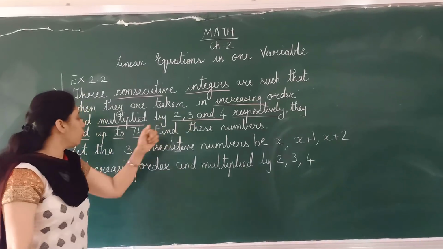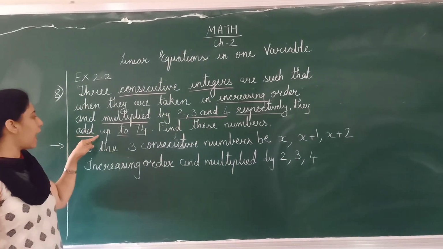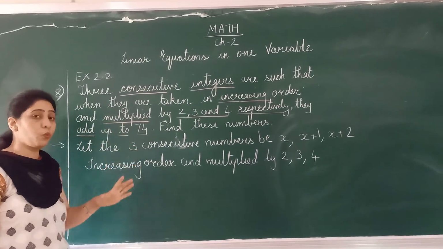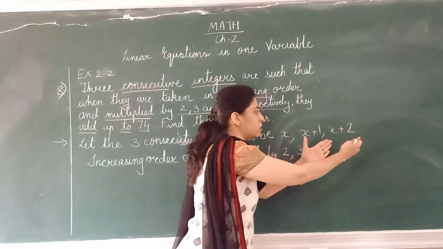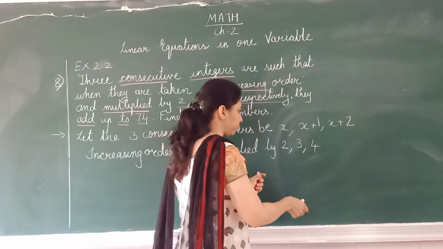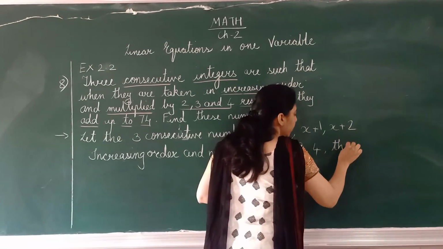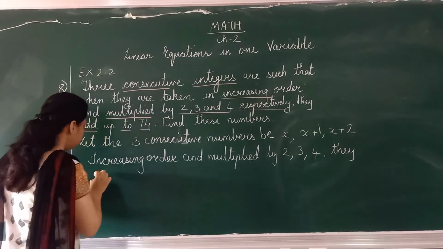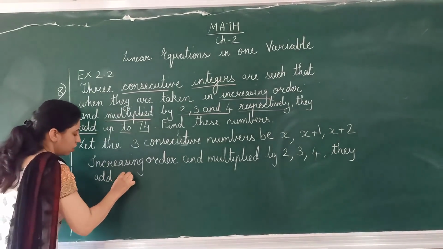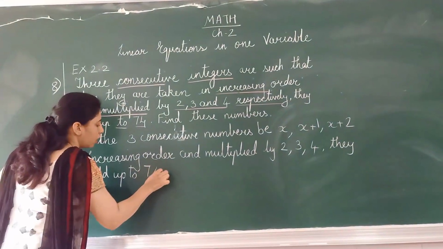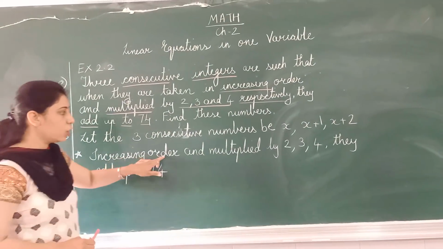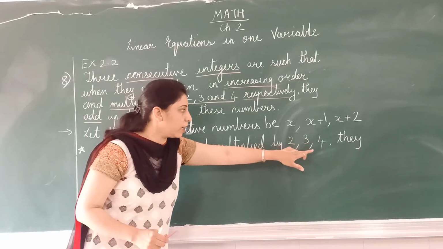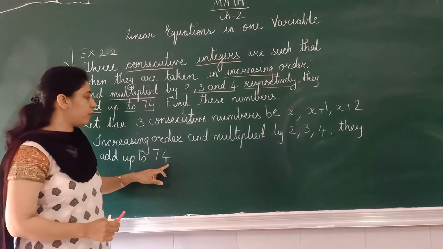Now the last part: they add up to 74. What adds up to 74? These numbers add up to 74. Now what I have written is very important: increasing order, multiplied by 2, 3 and 4, and they add up to 74.